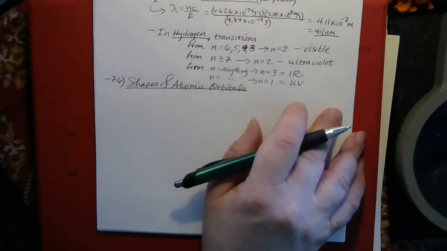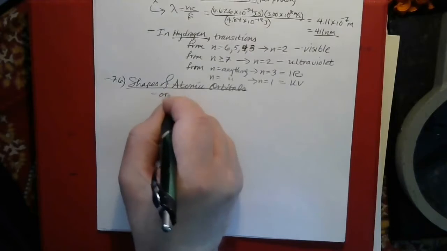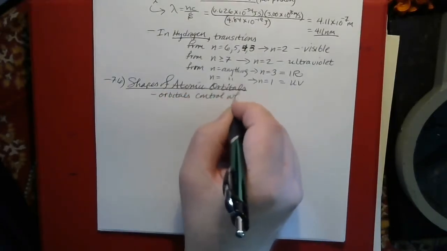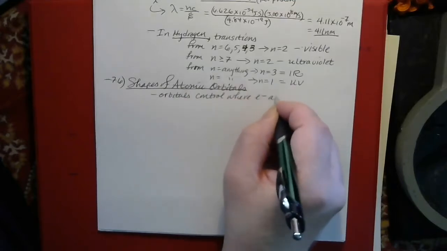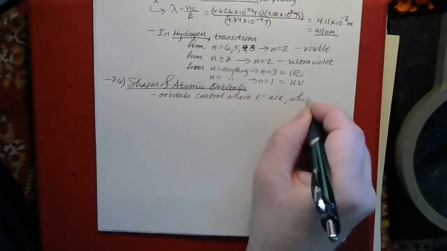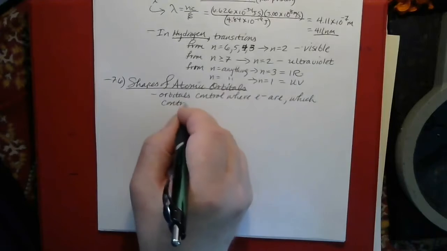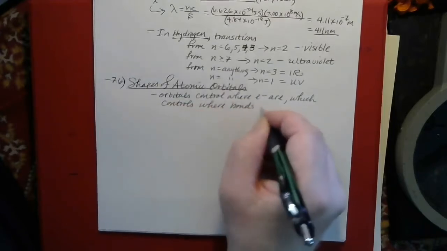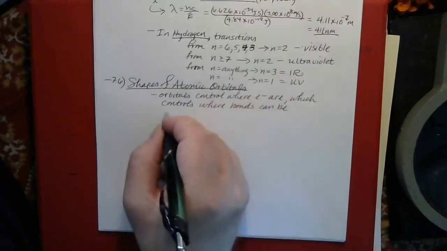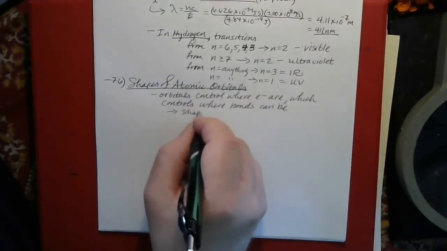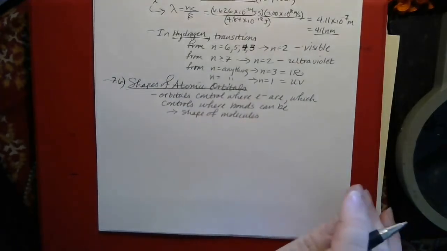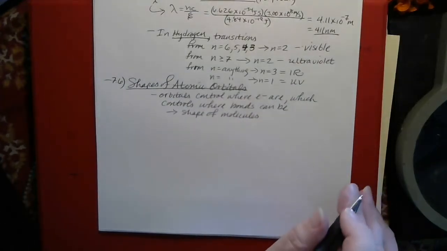And if the orbitals control where the electrons are, they control where the bonds are. So the shapes of the orbitals have a lot to do with the shapes of molecules.